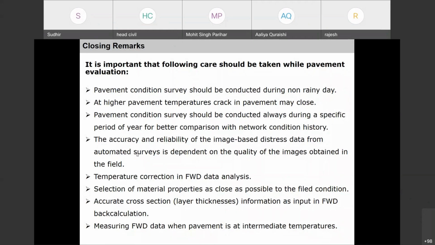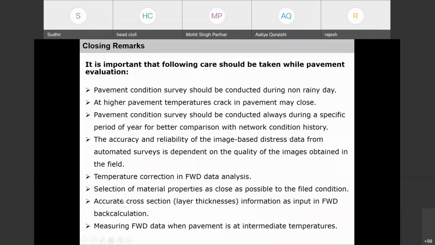Okay, so in this you need to be careful about the pixel resolution that you are using, and also the speed at which you are collecting the data. Okay. Then when we are talking about structural evaluation, you need to be careful about the test temperature and the standard temperature for the analysis, right? So this requires temperature correction.